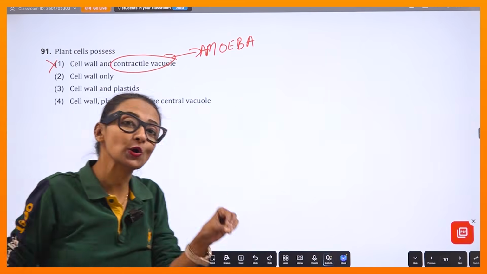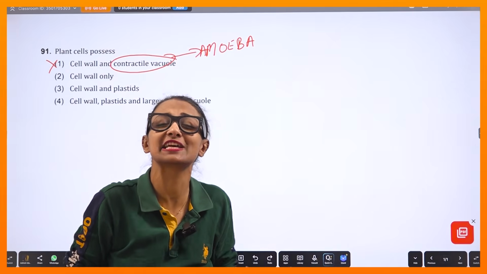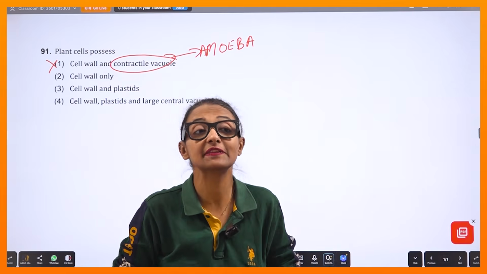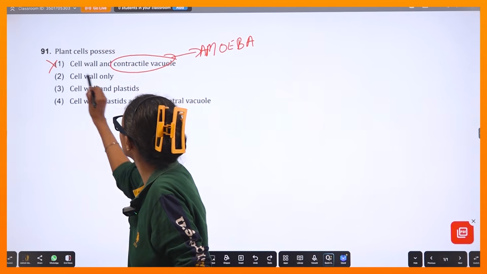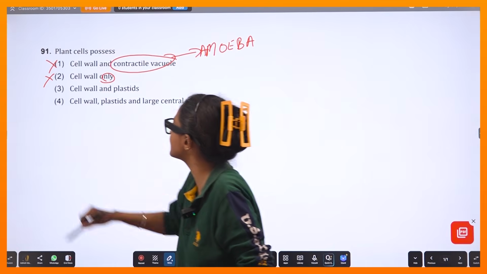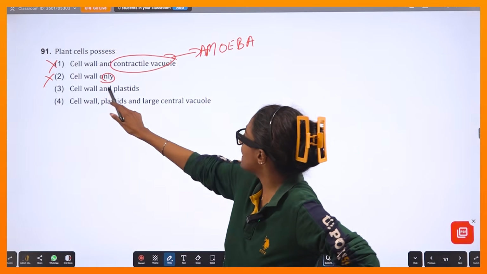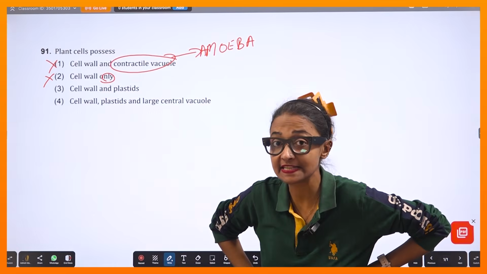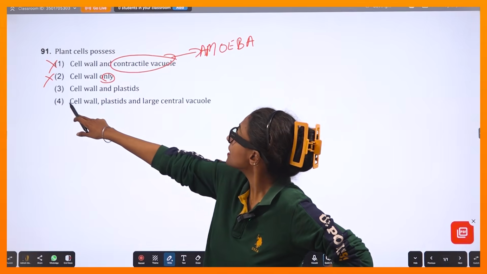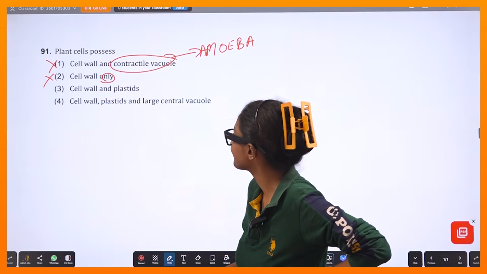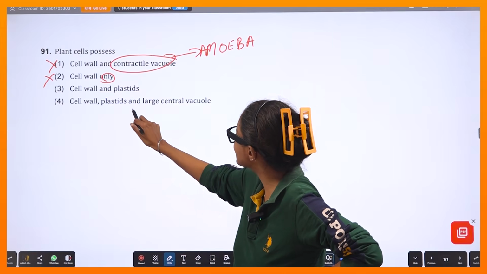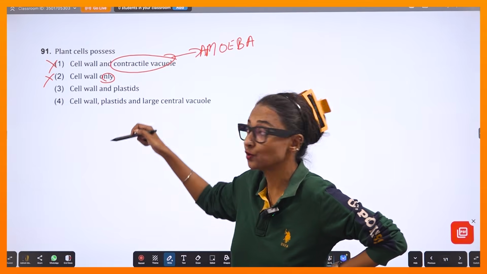Cell wall only? No, there are other features like the presence of chloroplast and vacuole. Cell wall and plastids. And the fourth one is cell wall, plastids, large central vacuole.